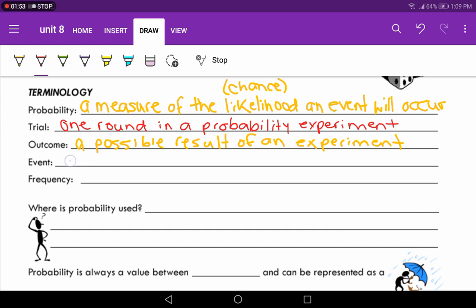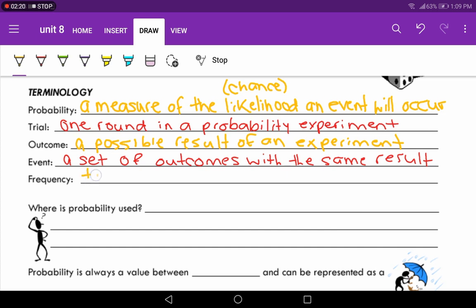An event is a set of outcomes with the same result. So for example, if we were flipping a coin, an event would be all of, say, the tails. Okay, and the last thing here is frequency.